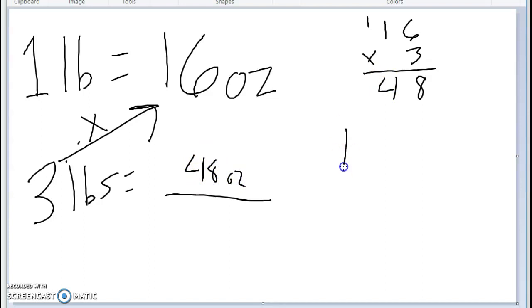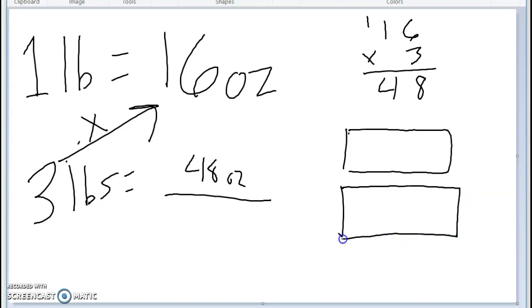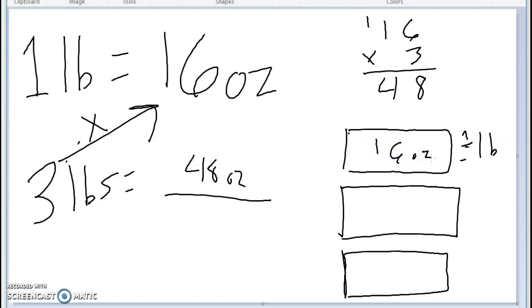The other way, pretend these are blocks and they each equal 1 pound. There's 16 ounces here, this would be 16 ounces, and this would be 16 ounces. So you'd add up 3 of them to get 48 ounces, which is the same thing as multiplying by 3.